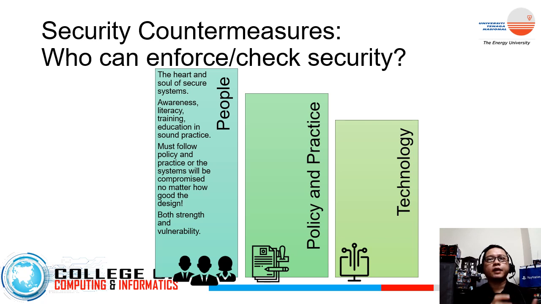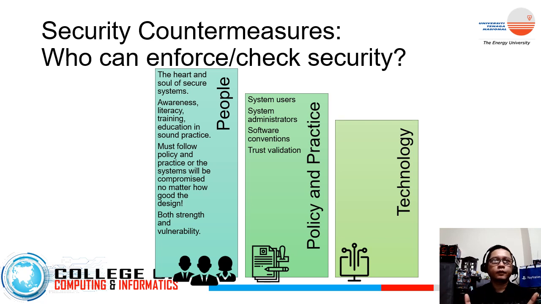So that's why you need to have proper policy and practice. How do people know what to do? What is the proper practice? Are they well trained enough to do the security implementation that you want to do?